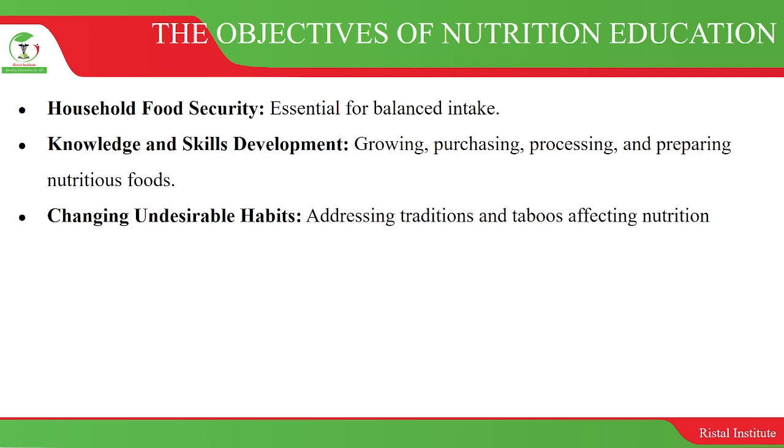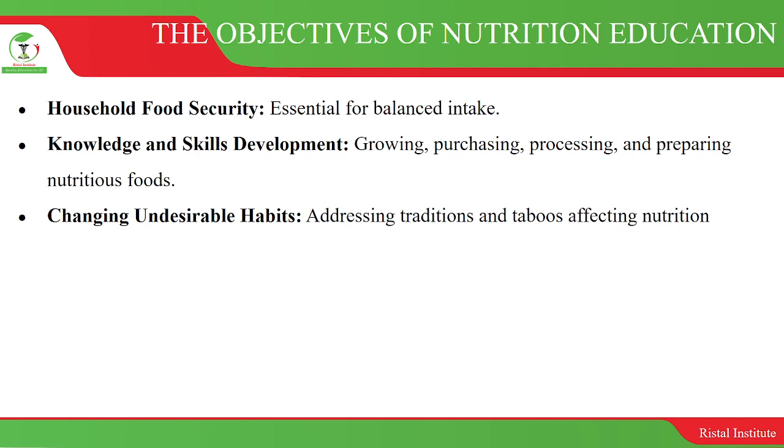And also the second objective is to equip the communities with knowledge and skills for development. For example, growing, purchasing, processing, and preparing of nutritious foods. And then changing undesirable habits. We have to teach the communities to come out of those local habits that lead to malnutrition. You address traditions and taboos affecting nutrition.